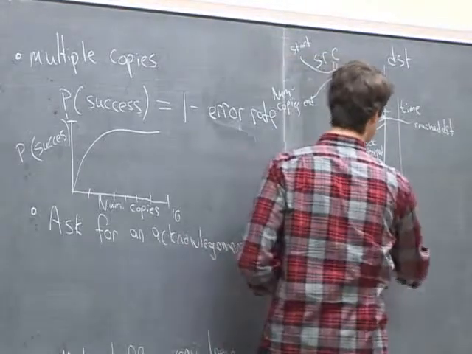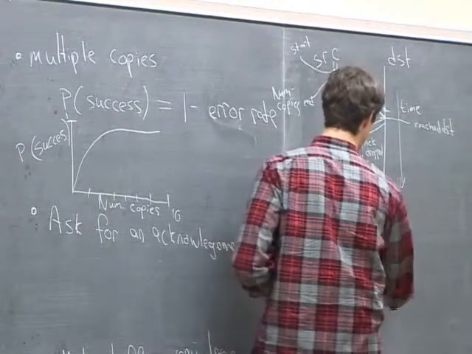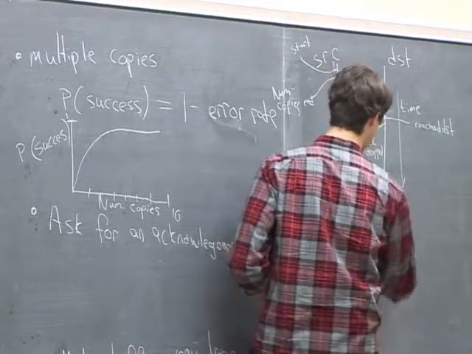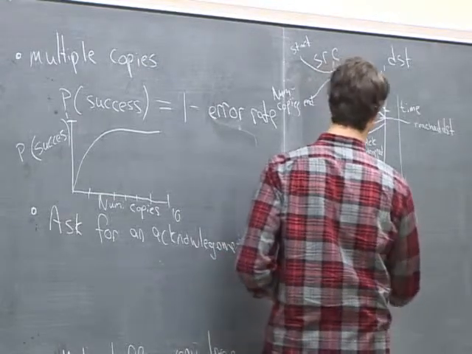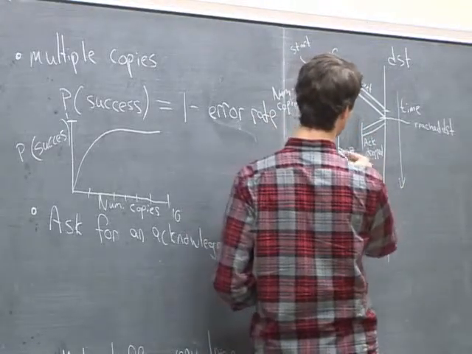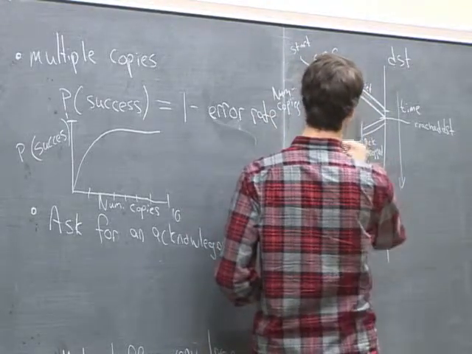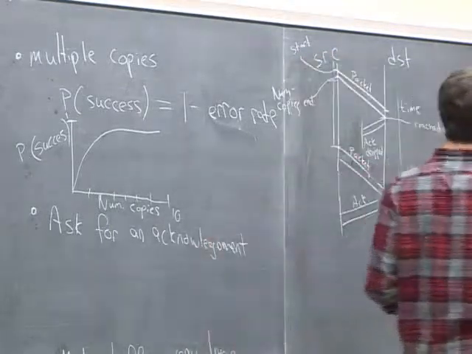This time, let's suppose that the acknowledgement makes it through. So this idea of waiting for a certain amount of time to retry is called a timeout.